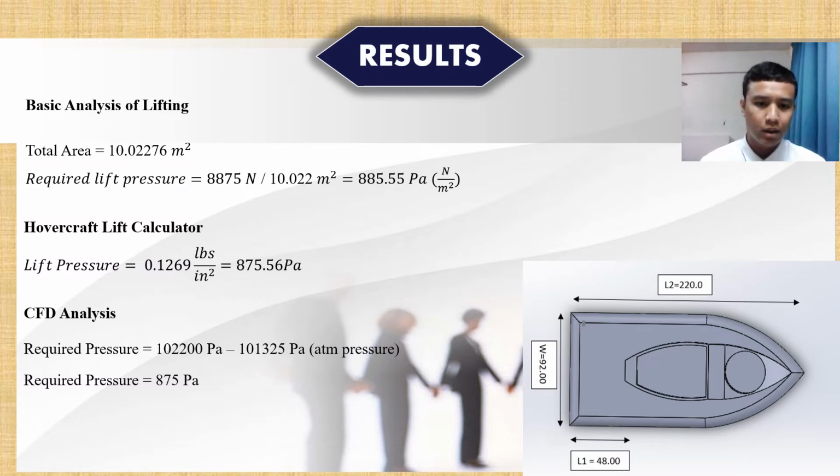The hovercraft lift calculator, which is done on the website, gave 875.56 Pascal, and this is done in ANSYS, which is CFD analysis, and I got 875 Pa. So the required lift pressure for all three is almost the same, so we can verify it.